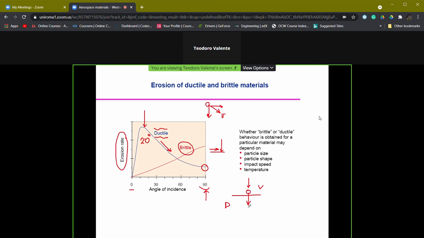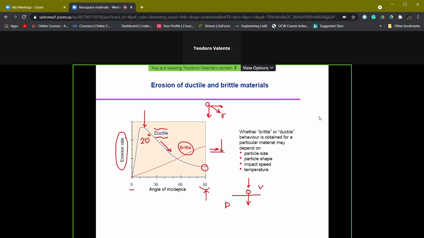Just to picture this kind of phenomenon, think, for example, of impacting hard particles on butter. These hard particles on butter are embedded, remaining entrapped in a more probable way when the angle of incidence is 90 degrees.